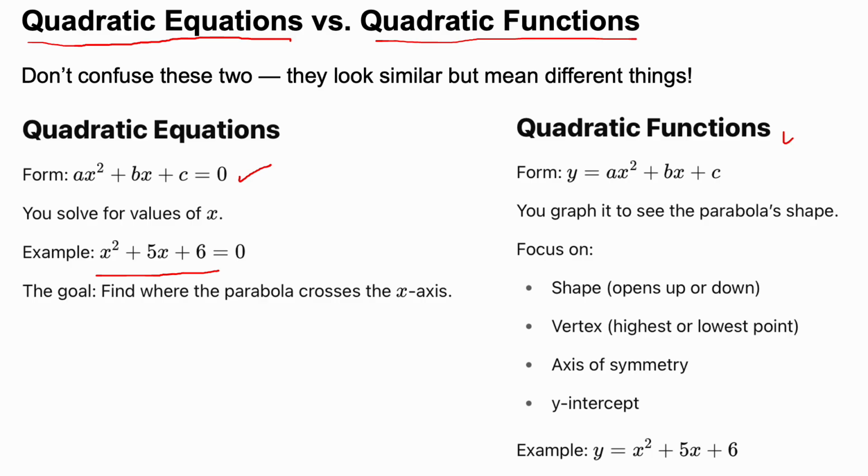So these are examples of a quadratic equation. But a quadratic function has a y, like y = ax² + bx + c. Here we graph it to see the shape of the parabola. With functions, we focus on whether it opens up or down, where the vertex is, what the axis of symmetry of this parabola is, and the y-intercept.